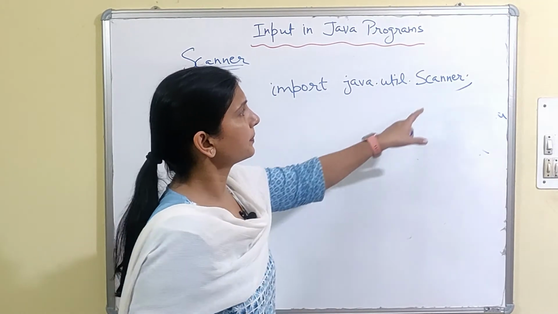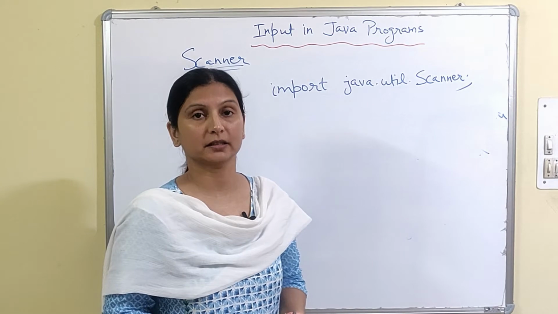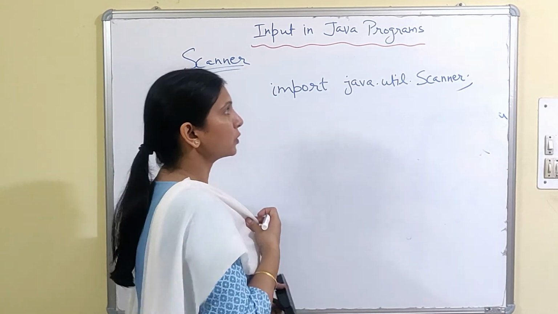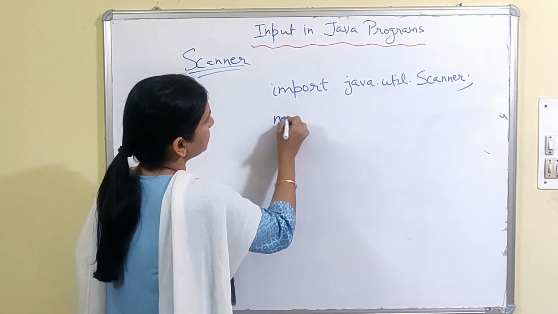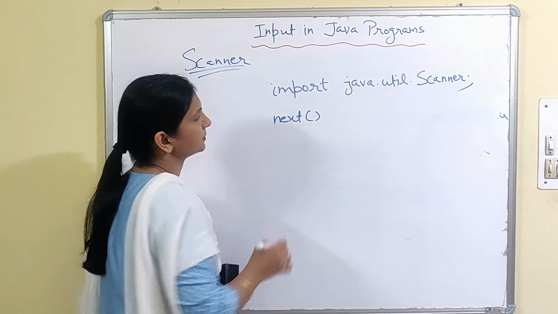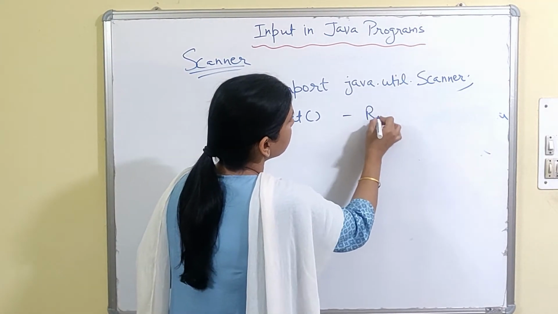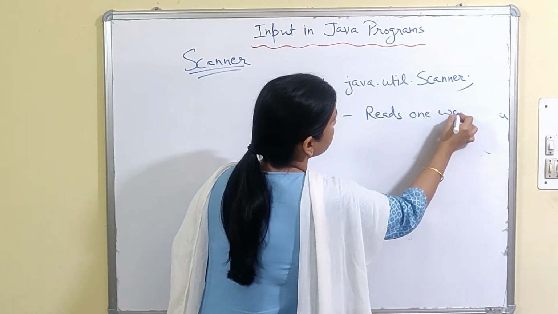Now we will see the main functions of Scanner which we are going to use in programs. The most common functions I am telling, like next. What is the use of next? It reads one word from the user.